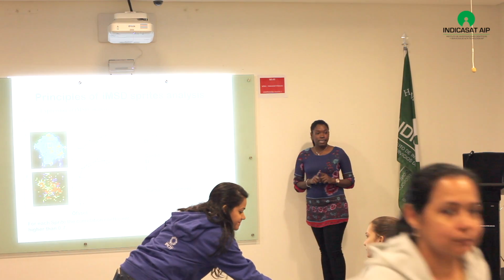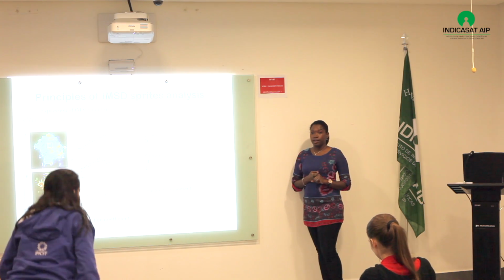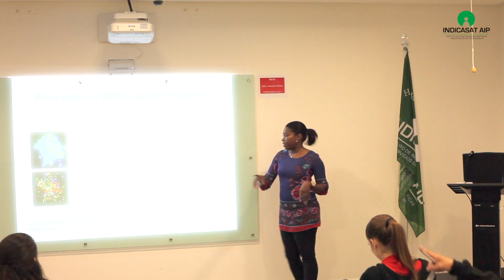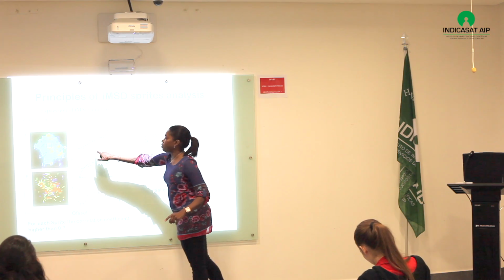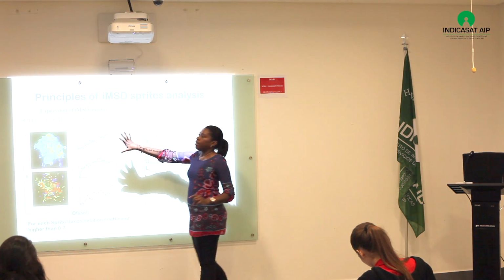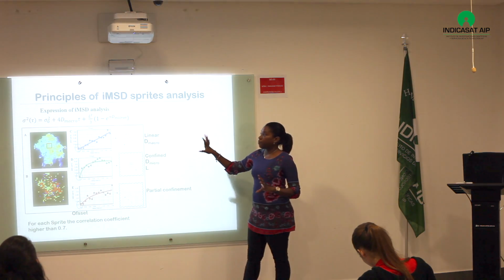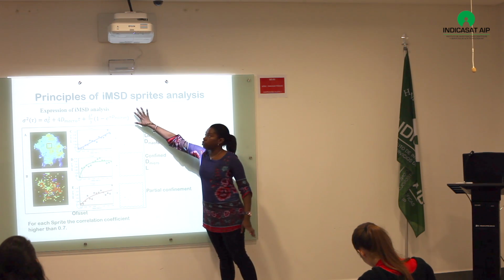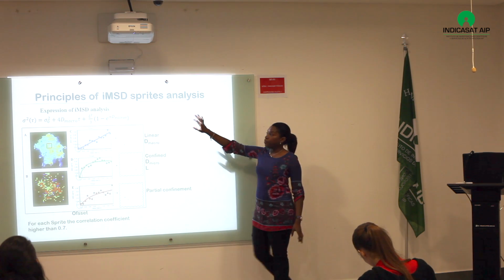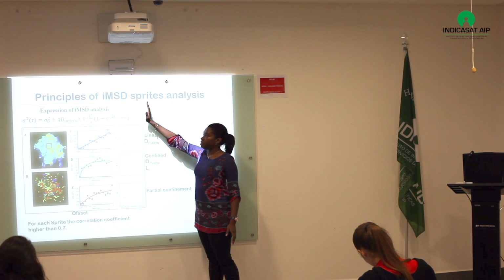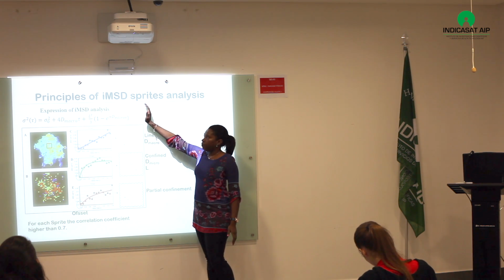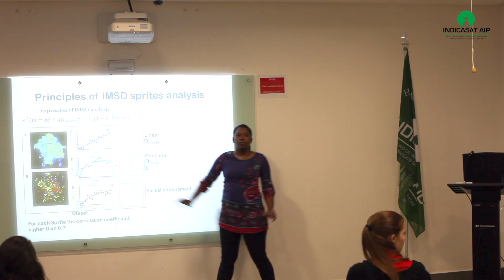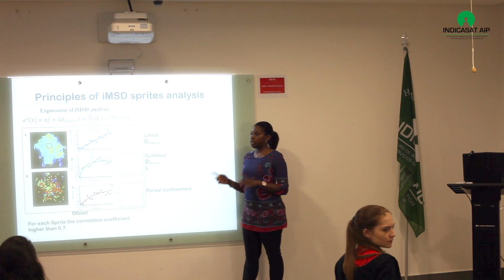In the IMSD graph, we are able to obtain the IMSD versus time plots. From this, we perform a fitting process using these equations of the IMSD. From these equations, we are able to obtain the parameters of the molecules that are having a long-range diffusion.